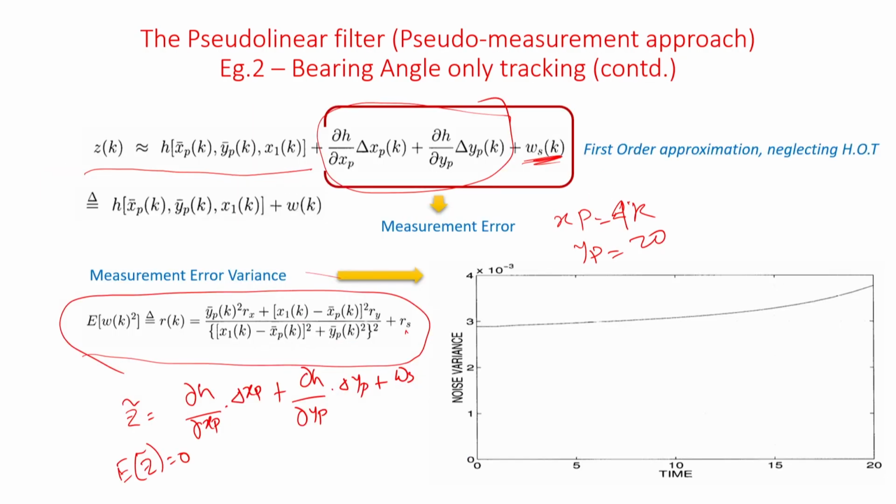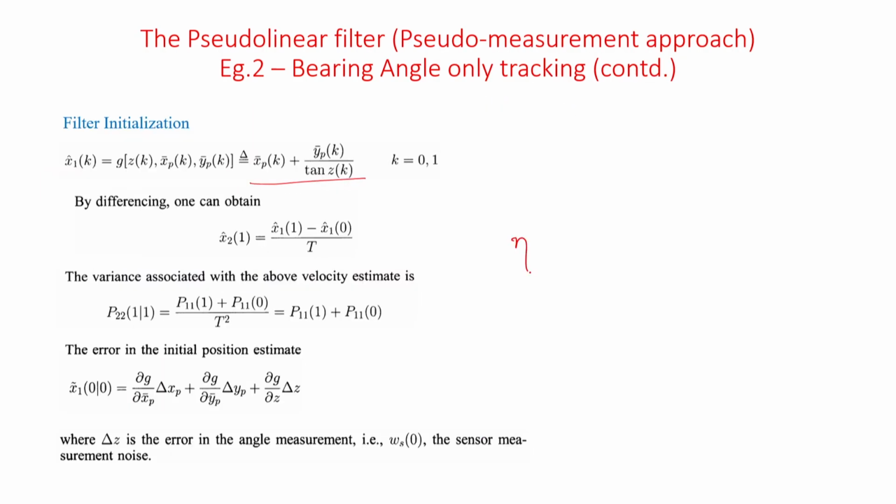Eta equal to tan inverse, yeah. Say eta is equal to tan inverse of (y minus y bar p) divided by (x 1 minus x bar p). So, now you can write tan of eta, y minus y bar p equal to x 1 minus x bar p. Okay.